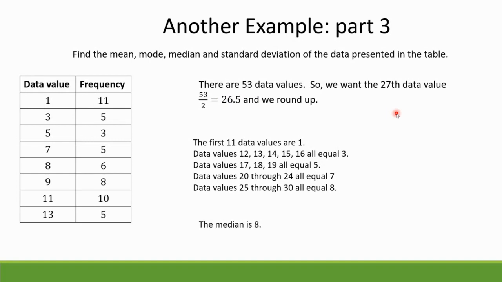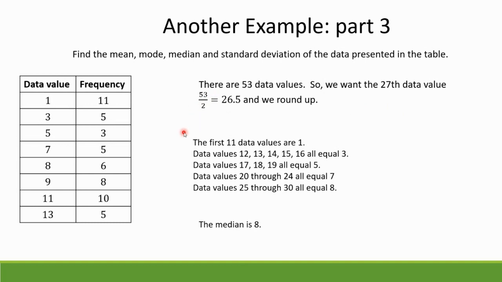We need the data value in the 27th position. If there was an even number, like say 52, then, just like with the quartiles, you would take the data values in the 26th and 27th positions and take their mean. But we need the 27th data value.